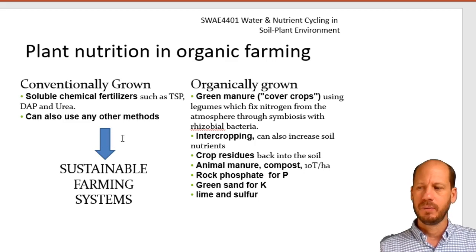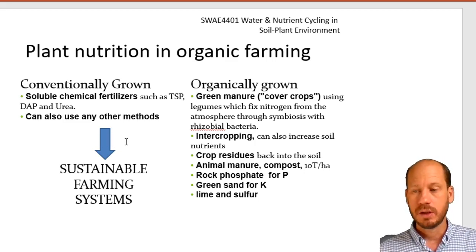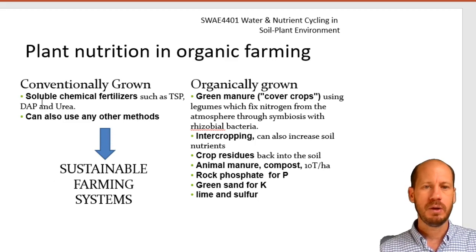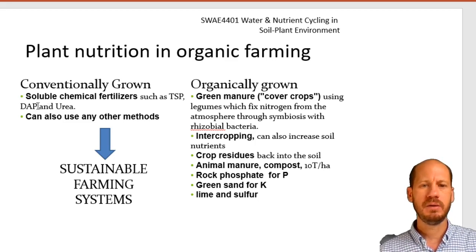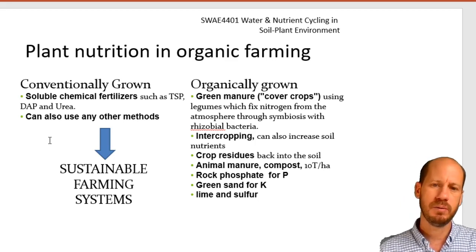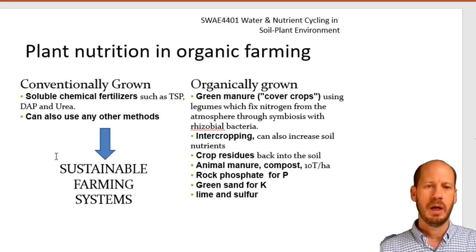If we go deeper into how we manage nutrients in organic farming systems, when you have conventionally grown farms, the main source of fertilizer is chemical soluble fertilizers. For example, for phosphorus, triple superphosphate and ammonium phosphate. For nitrogen, you have urea, for example.